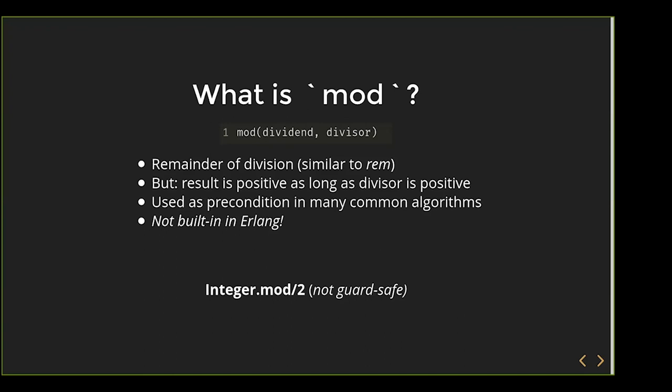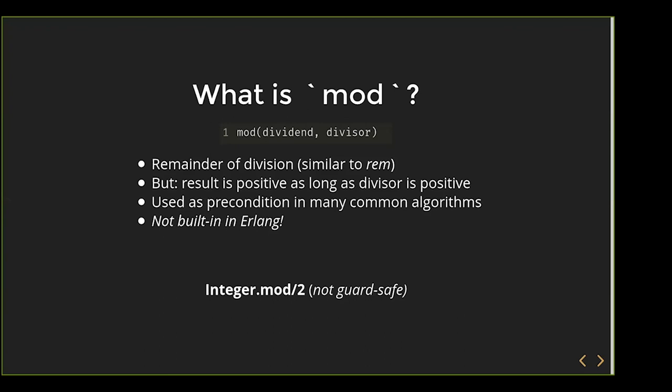For instance, if we want to check whether a number is odd, we could check whether dividing it by 2 results in a remainder of 1. It works great. However, using rem for this implementation would only work for positive numbers, where using mod would work for positive as well as negative numbers.